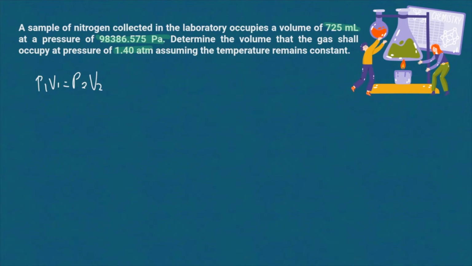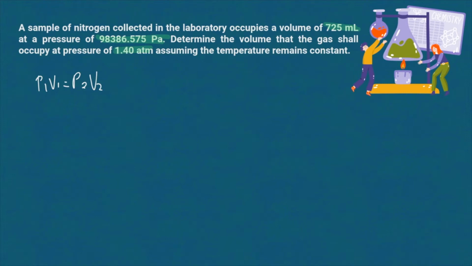The other pressure is already in atm and that's well and good. So you need to convert the unit from Pascal to atm and from milliliter to liter. The first thing that I'm going to do is to convert from Pascal to atm.